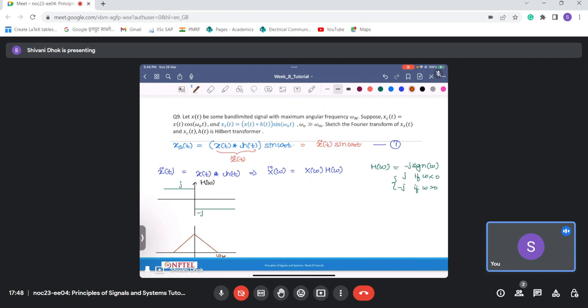This is omega m, and this is minus omega m. This is X(omega), and X tilde(omega) is simply the multiplication of these two. So if I multiply these, what I'll obtain is something like this.